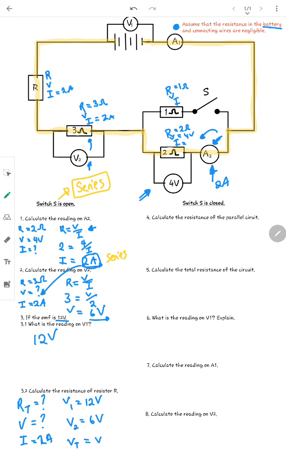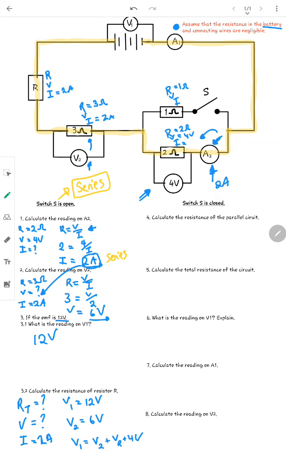So not V1. Let's just change it out there. Okay, so V1 is equal to V2 plus the potential difference over my resistor, which is VR. I'm just going to use a subscript R, plus my 4 volts.